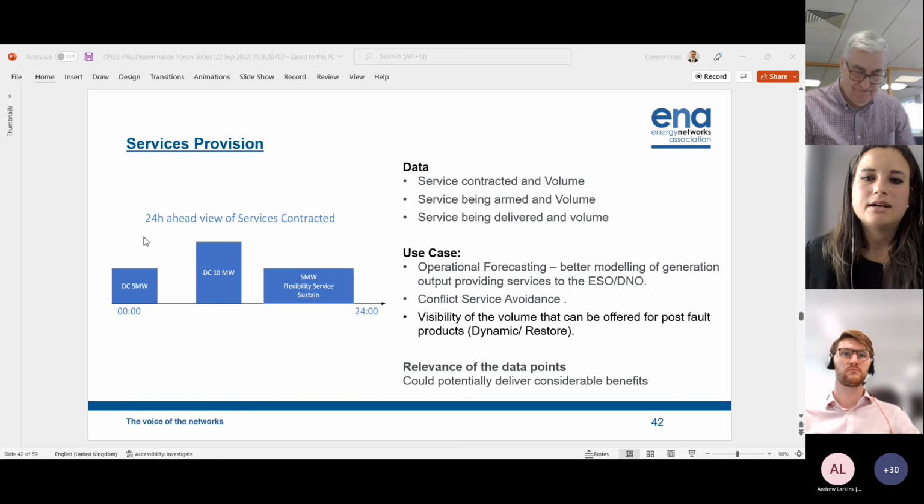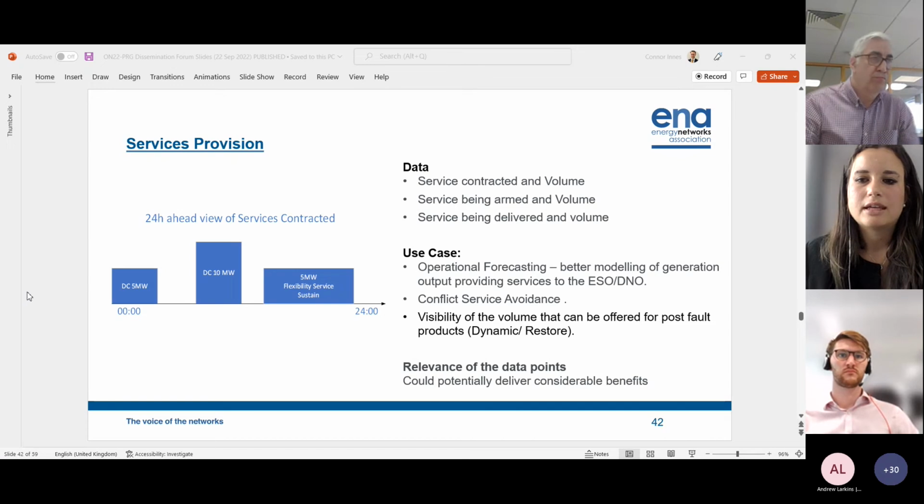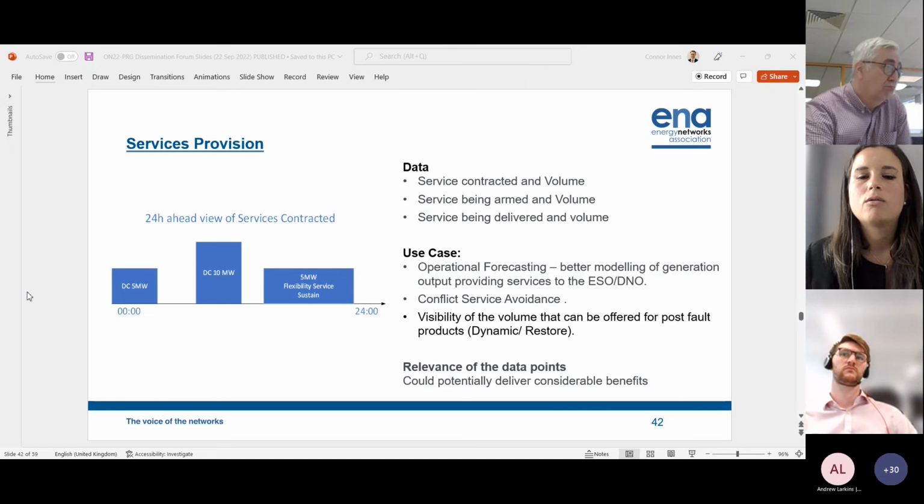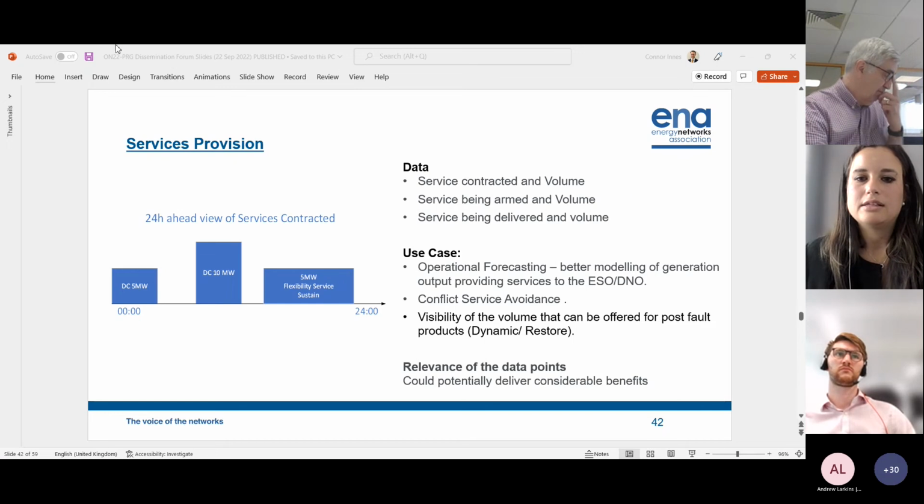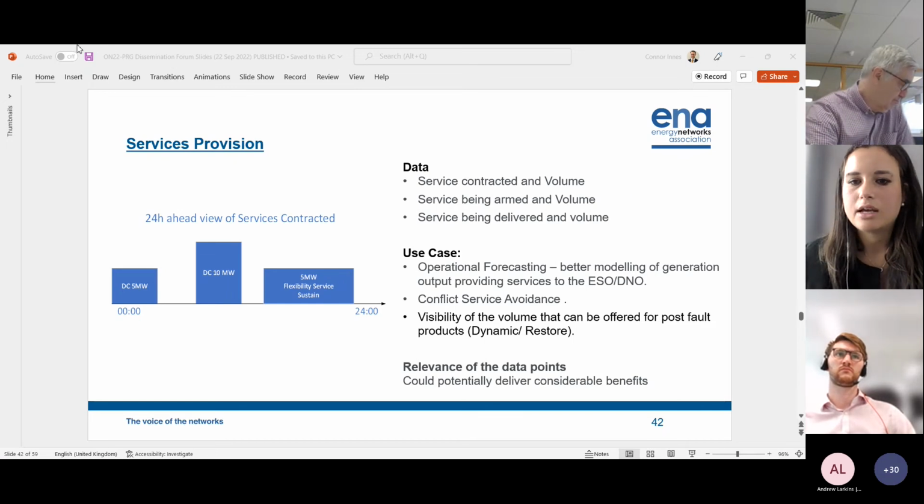So having visibility of the service the DR has been contracted to provide, including flexibility service or any ESO service, as well as visibility of the volume that the DR is reserving, so that is being armed, would allow the DNO to have greater visibility of the capacity available, which can be dispatched quickly after a fault. And that is especially true for post-fault products like dynamic and restore. So those were the use cases for service provision in real time.